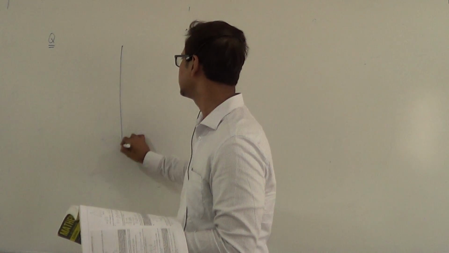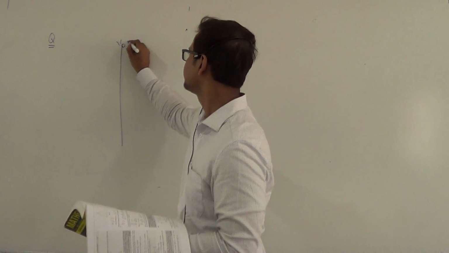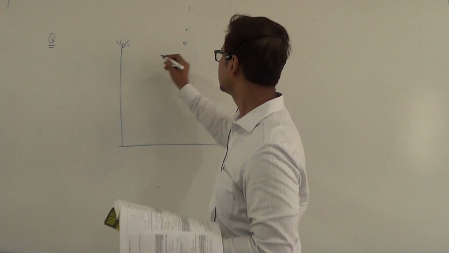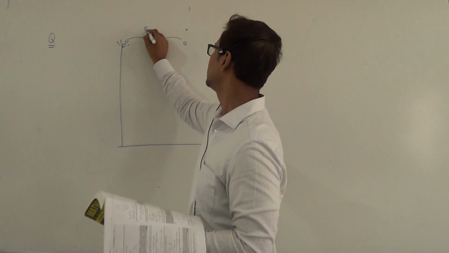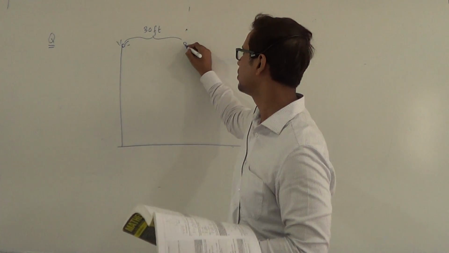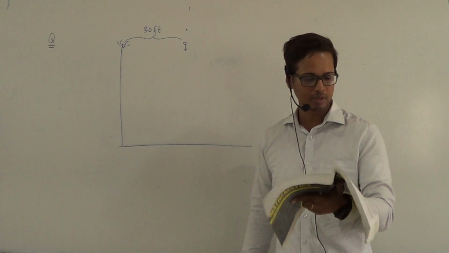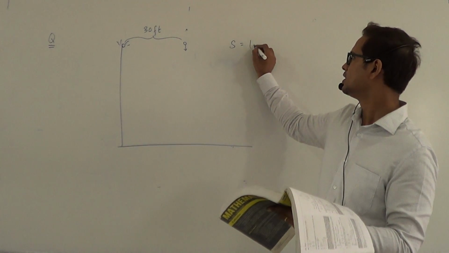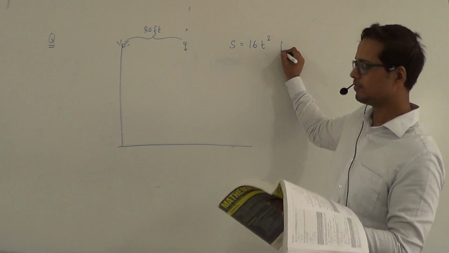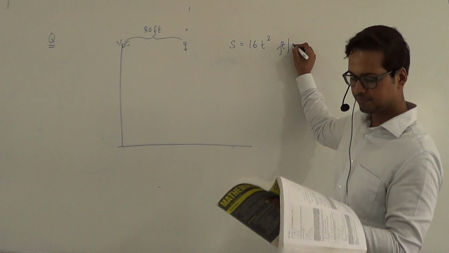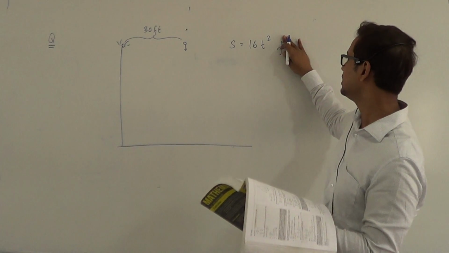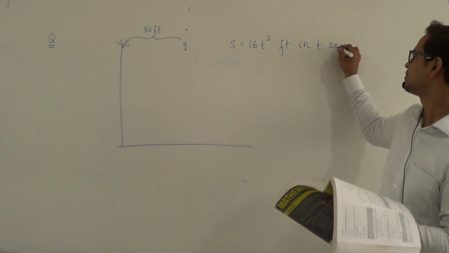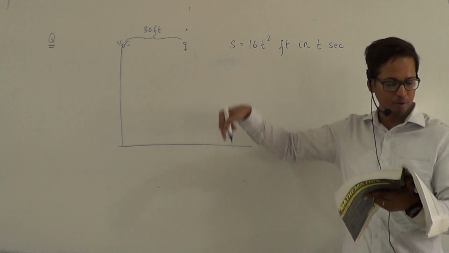So basically, let's say this is the lamp, and the ball is 30 feet away from it and dropped from here. The ball falls 16 t square feet in t seconds. That is the distance that the ball falls.